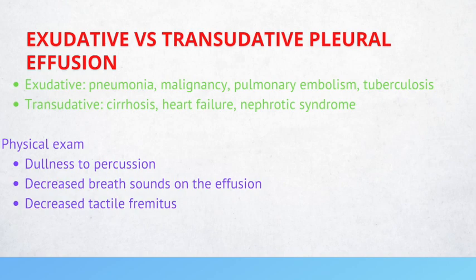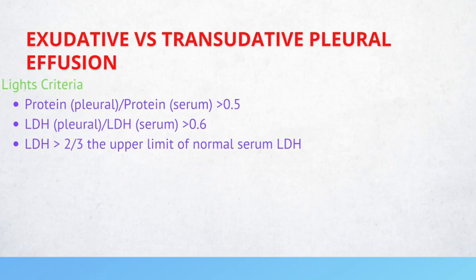A physical exam of a patient with a pleural effusion will reveal dullness to percussion, decreased breath sounds on the side of the effusion, decreased tactile fremitus. So to distinguish between a transudative versus exudative fluid, this requires measuring the pleural fluid levels as well as the serum fluid levels of substances like LDH and protein.